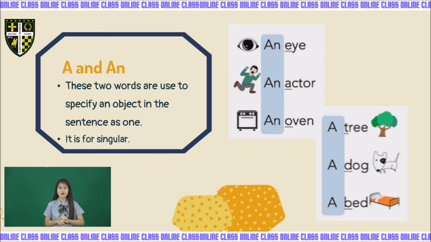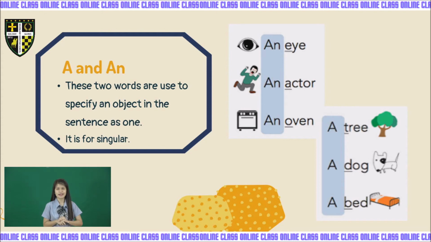It is only for singular. Examples of an here: an eye, meaning one eye. An actor, only one actor. An oven. Next, for example of a: a tree, a dog, a bed.